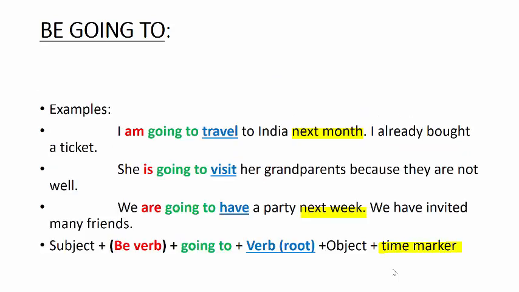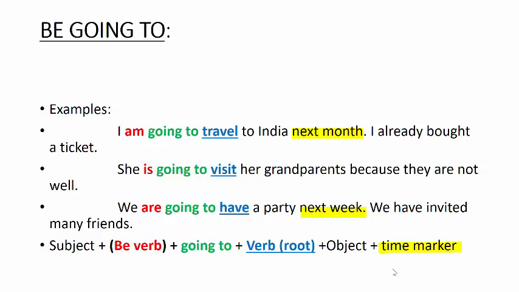So, for example, I am going to travel to India next month. My subject is I. I'm using the be verb, I am, plus going to, plus an infinitive verb, travel. My object is to India.